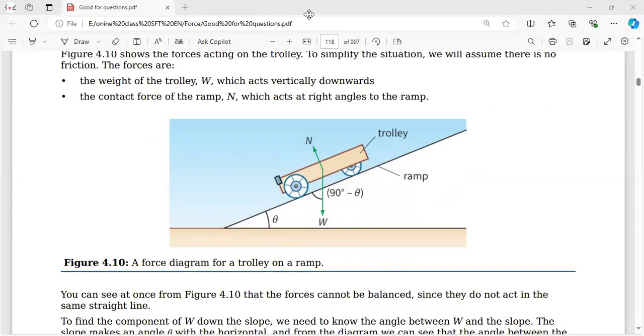What we can do in this case is, if I mark the forces here, the weight is here, and this is the reaction force, the R force.